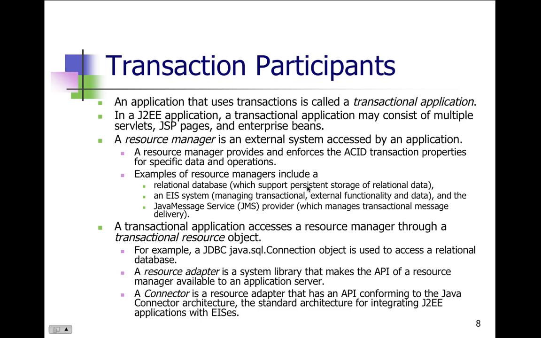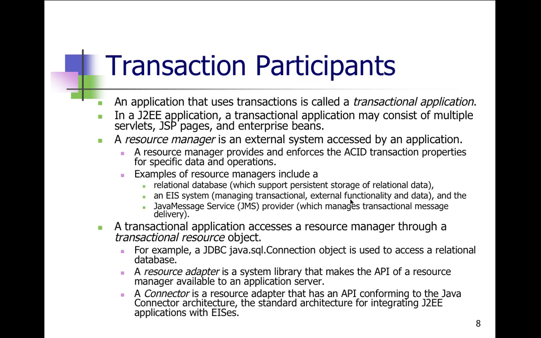So an example of a resource manager might include a relational database which supports persistent storage and relational data, an EIS system, enterprise information system, managing transactions, perhaps external functionality and data, and then the Java Message Service, JMS provider, which manages transactional message delivery, which all work together in this platform to provide those ACID qualities.